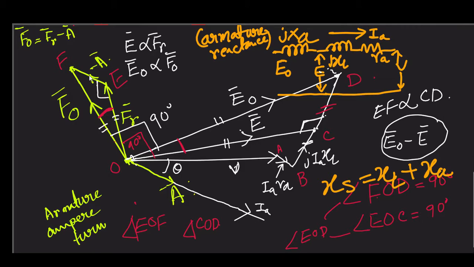So this is how we can construct the phasor diagram for our synchronous machine. This is also known as the EMF method of phasor diagram construction. This EMF method of construction is very, very important for us.